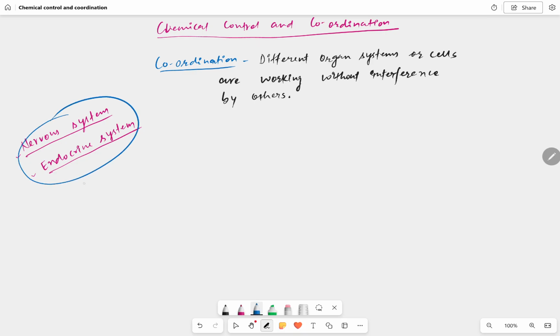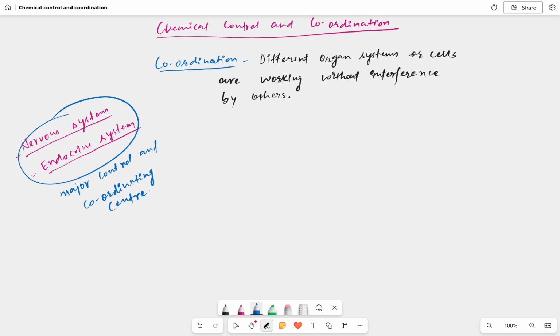These are the major control and coordinating centers of our body.